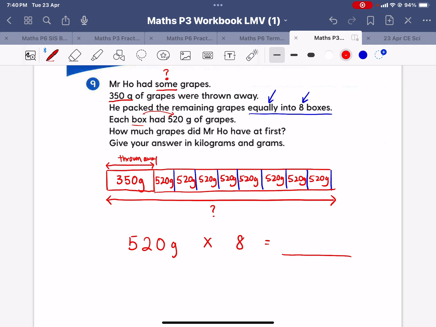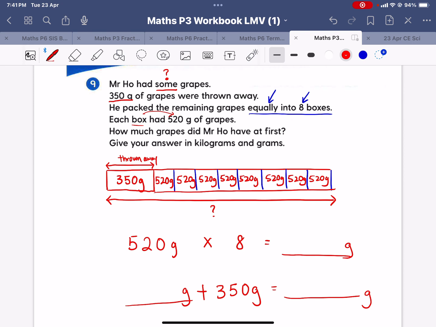What about those that he threw away? 350 grams. So what we're going to do is we want to find out what Mr. Ho had at the beginning. We are going to add back what he threw away. This should give us the answer in grams.